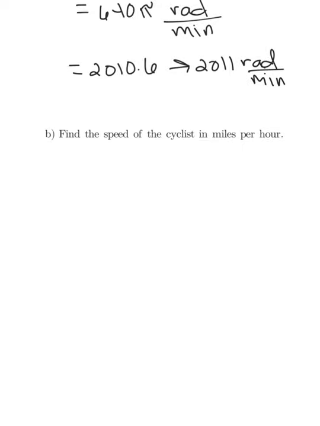Question B asks us to find the speed of the cyclist in miles per hour. First thing you need to recognize is that as soon as you see speed, that means V. We want our label to be miles per hour. And if you think about the information that we know, the radius of our wheels is 15 inches.